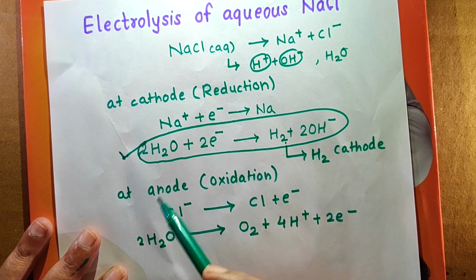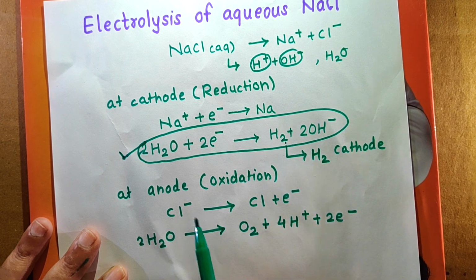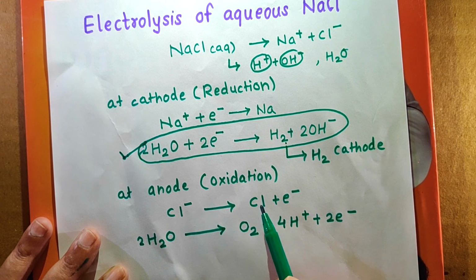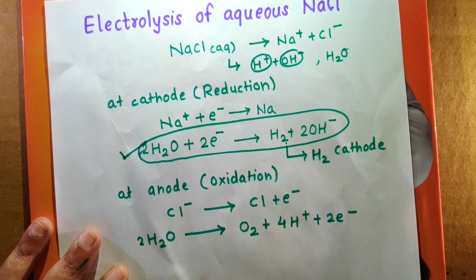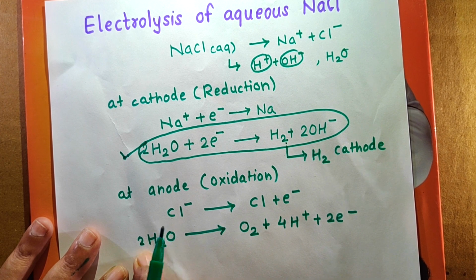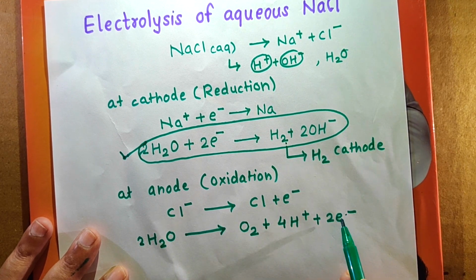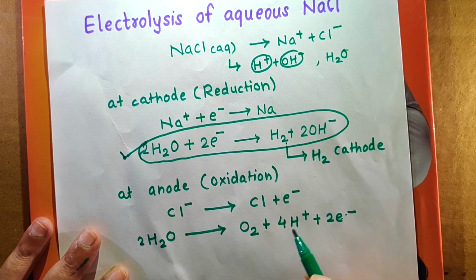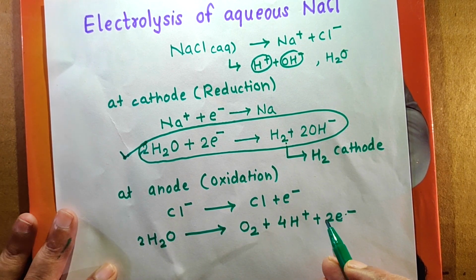And which are the species which can oxidize at anode? Cl- ions are there, which can lose electrons and get converted into Cl atoms, and H2O molecules are also there. They will lose electrons. By losing these electrons, H2O will be converted into oxygen gas and 4 H+ ions.